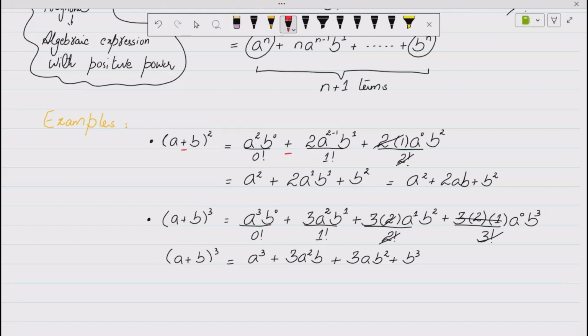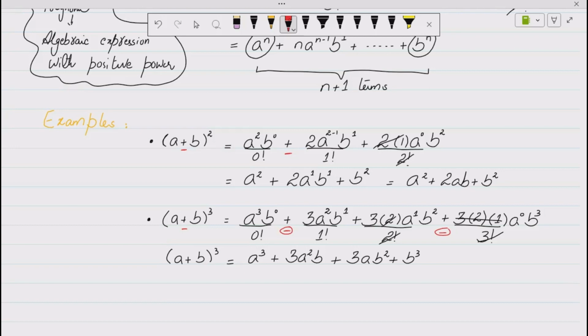So first term plus, second minus, then plus. If you want the formula for minus, make the first term plus, the second minus, the third plus. So the formula for plus and for minus is just the same. The only difference is the minus sign, which comes with the even terms.